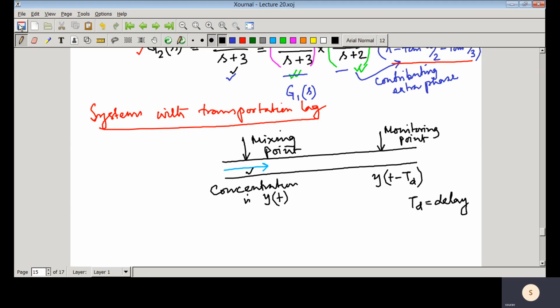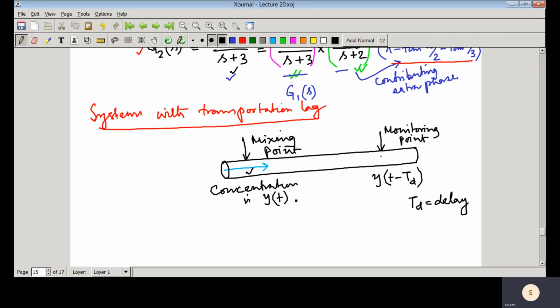Repeating, so this is a pipe and water is flowing through this pipe, and at a particular point you are mixing the dye and you are just monitoring the concentration of that one at some point which has a distance from this mixing point.